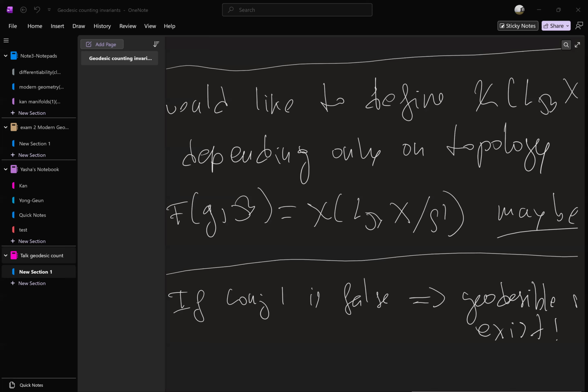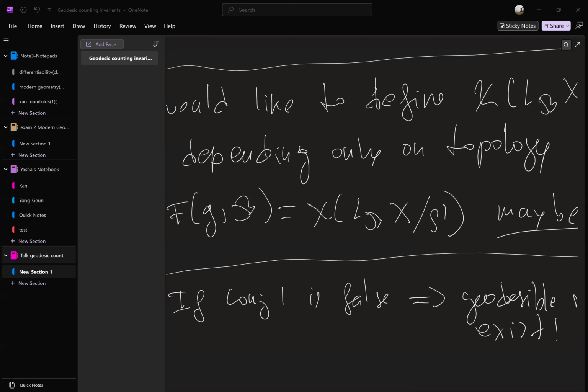So Fuller was defining this index for closed periodic orbits of a smooth dynamical system. First you define it for an isolated periodic orbit.